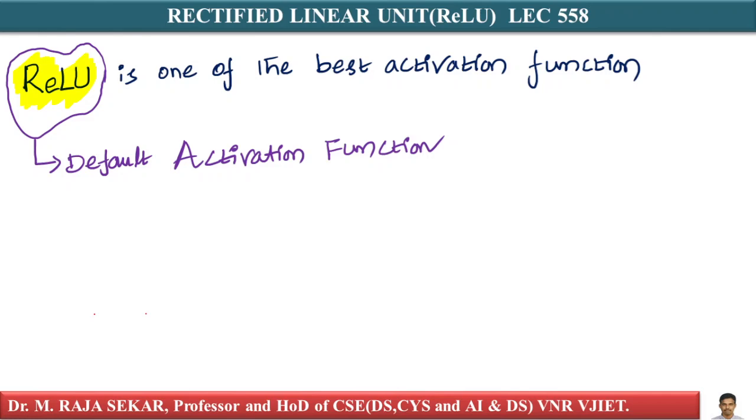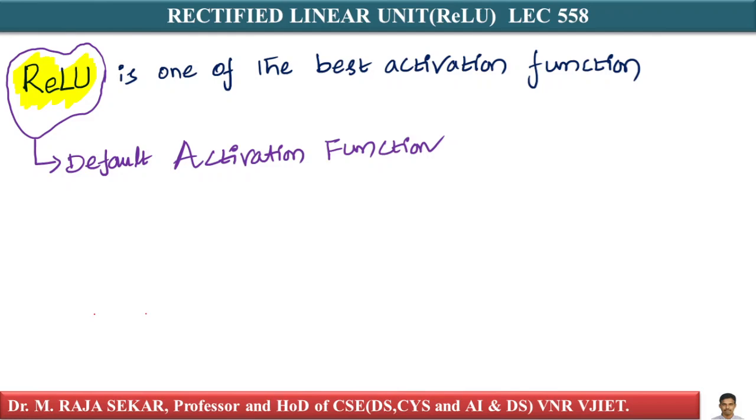Yes, if you are using a multi-layer perceptron, your default activation function is ReLU. There are other types of neural networks, we will see them later. We are now limiting our discussion of ReLUs to multi-layer perceptrons.